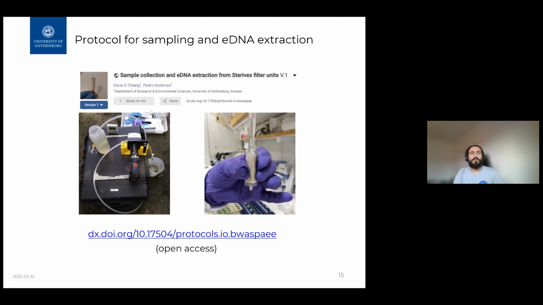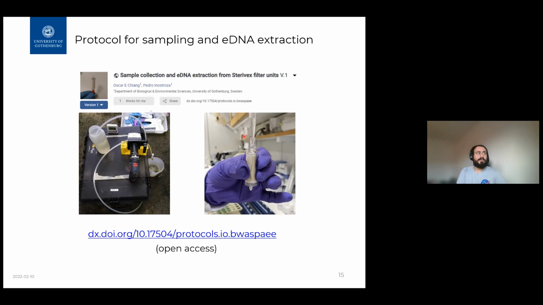And we made some modifications to the traditional extraction kit in order to enhance the yield, so the performance of the kit. So you are more than welcome to have a look, and hopefully the information is useful in your study.